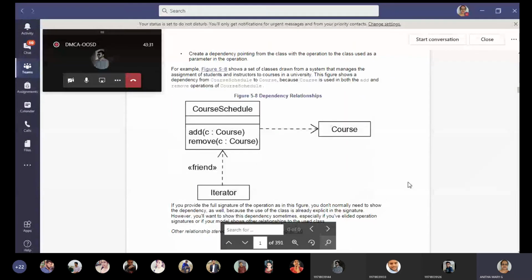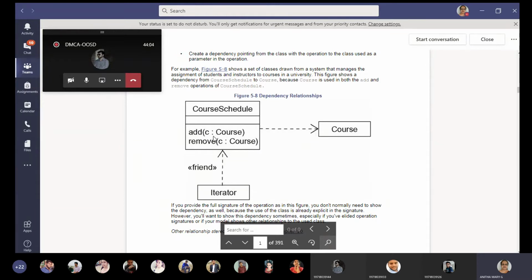So if you look at that example, what are the classes you can identify there? First, entities, classes. Since they are talking about students, instructors and university, students are going to study through the instructors. So what exactly do they need? A system that manages the assignment of students and instructor to the course. So here the course, first we are going to take it as a schedule.